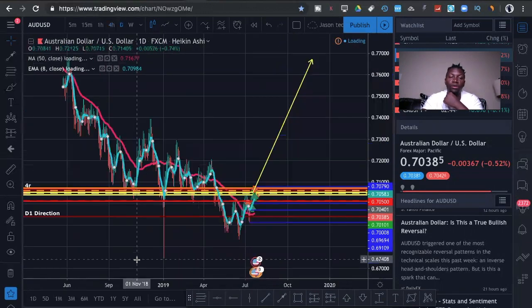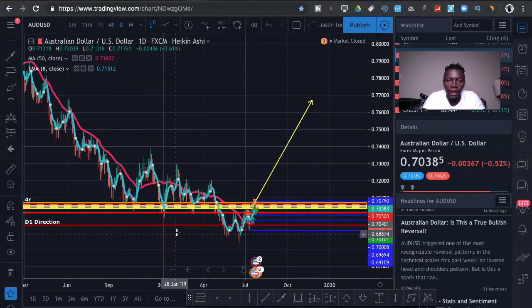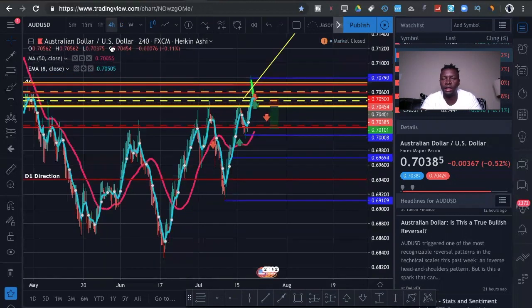Now, when you go to other charts, you can see this double bottom or the inverted double bottom, as I was talking about. It will pretty much show you the shapes in the market. A lot of people were telling me that they have problems seeing the shapes.